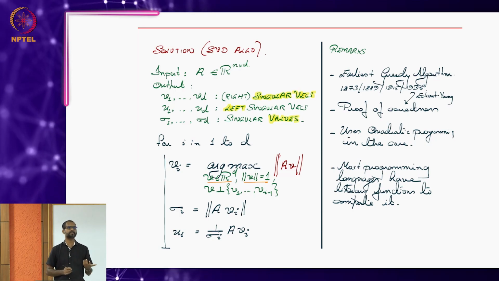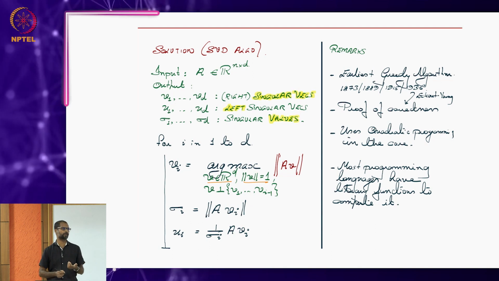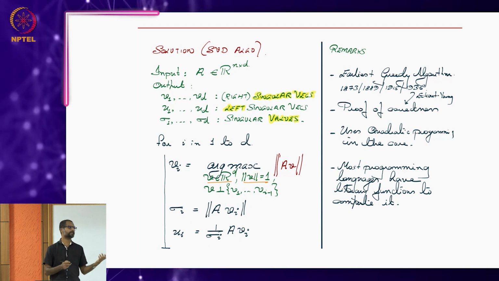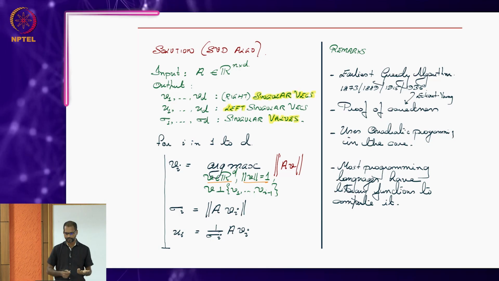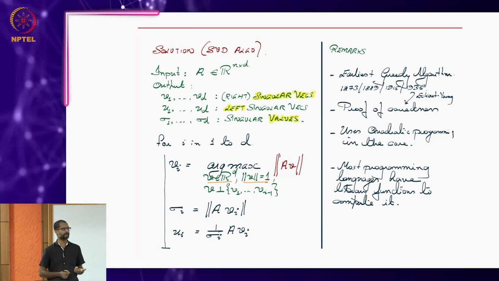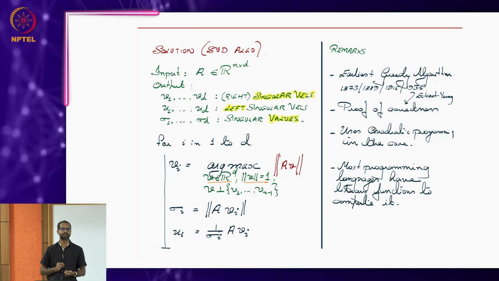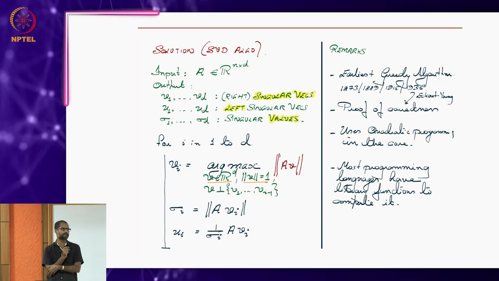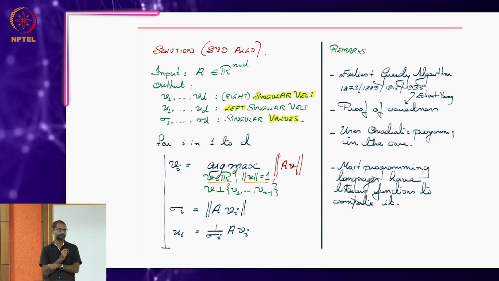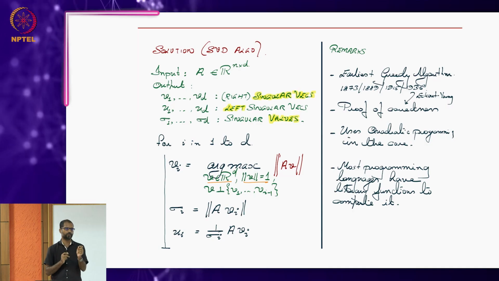But there might be cases where we are interested in that maximum value also, in which case, while finding the argmax, you will also end up getting the max. That is stored in these real numbers sigma 1, sigma 2, all the way up to sigma d. This is that maximum value.